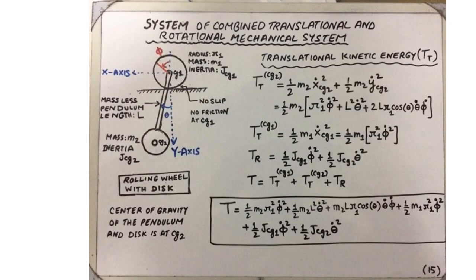Adding up these two components will give us the kinetic energy due to the linear motion of the bottom disk, specified by the linear motion of CG2 along the x-axis and y-axis. So adding the two previous expressions will give us the expression for the linear motion kinetic energy of the disk. Here you notice that the cosine square and sine square terms add up to give you L square theta dot square, and everything else is pretty much the same.